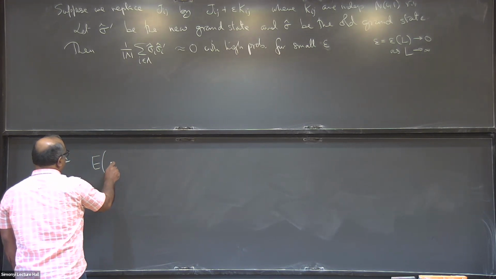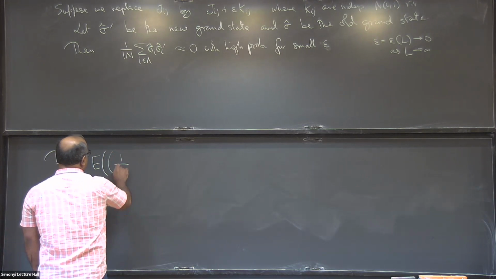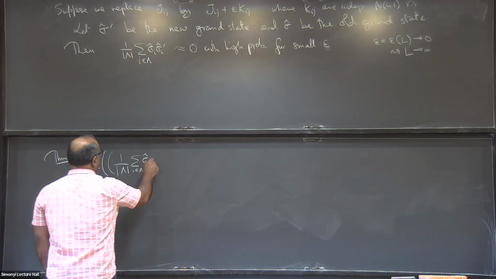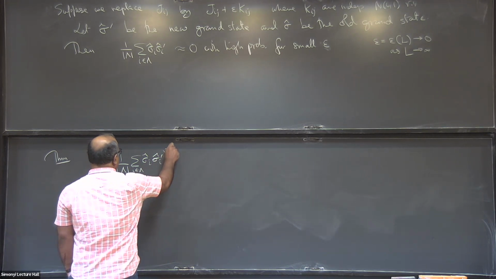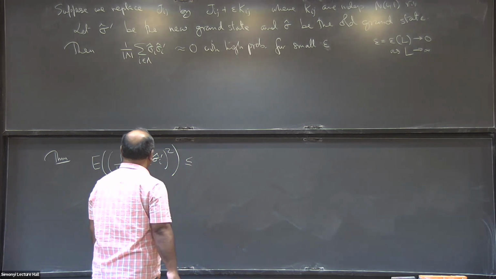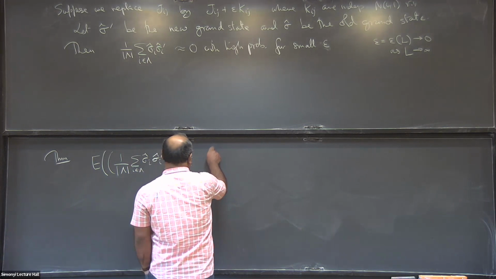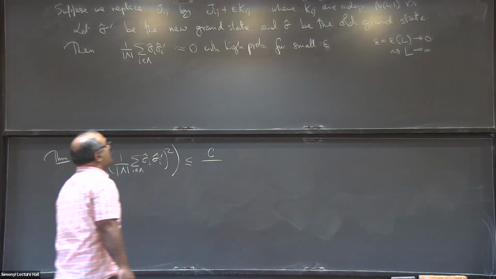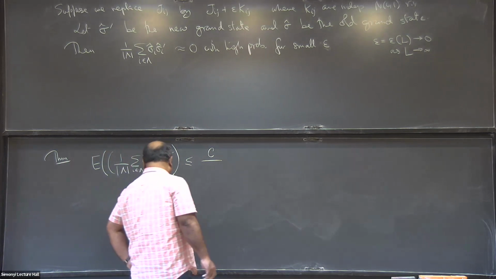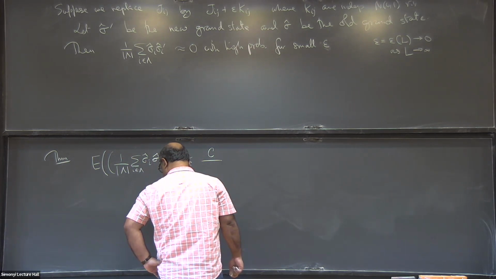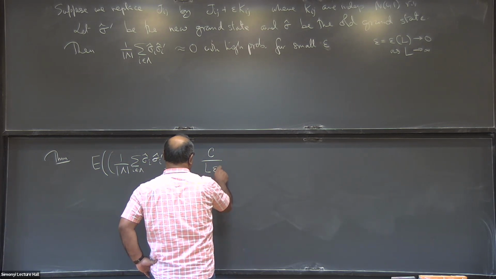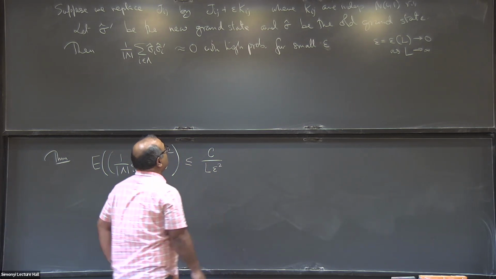that the expected value of this overlap squared is bounded above by, let's see, a constant over L times epsilon squared, I think.